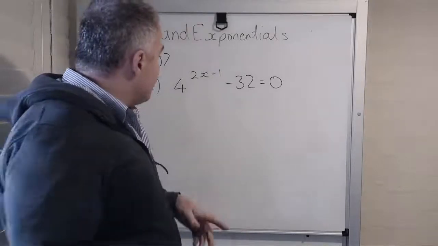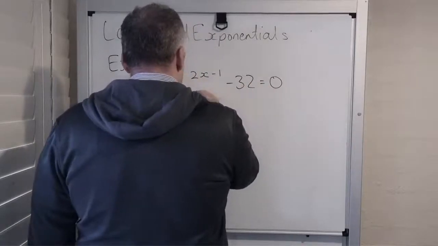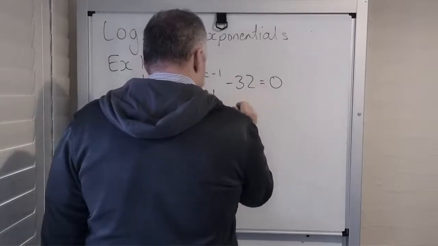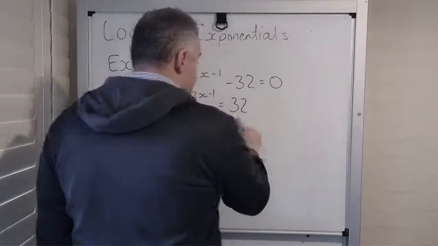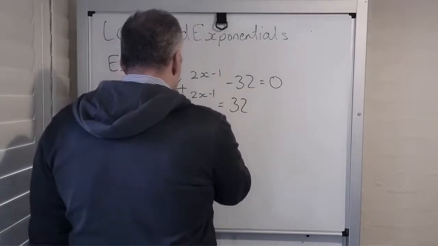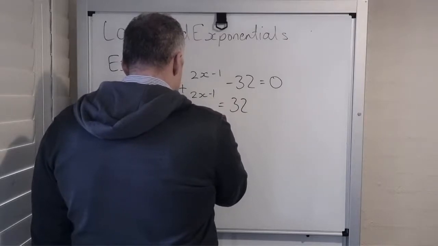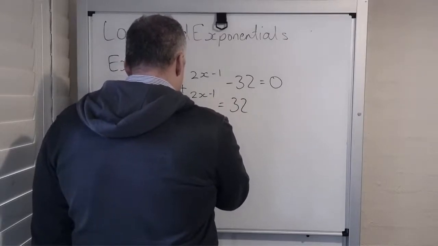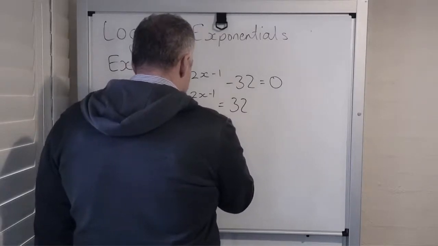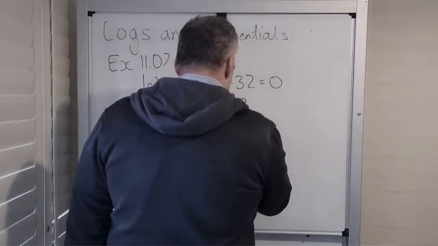Okay, so what I'm going to do is 4 to the 2x minus 1 equals 32, taking 32 from both sides. This can be written as 2 to the 2 times 2x minus 1 equals 2 to the 5.